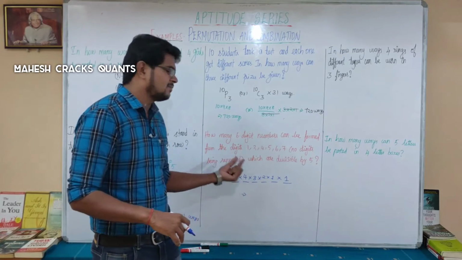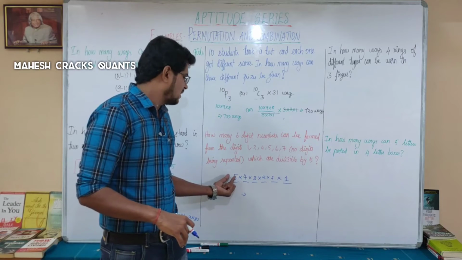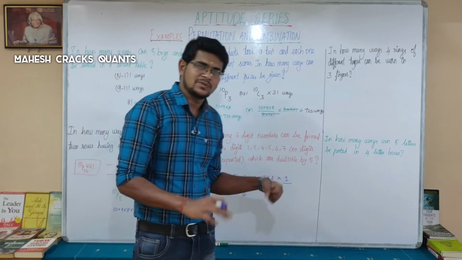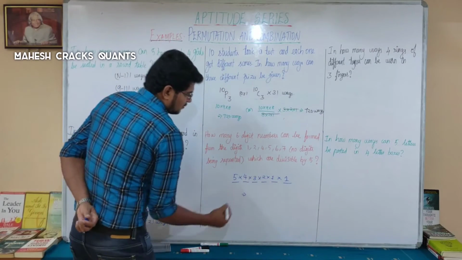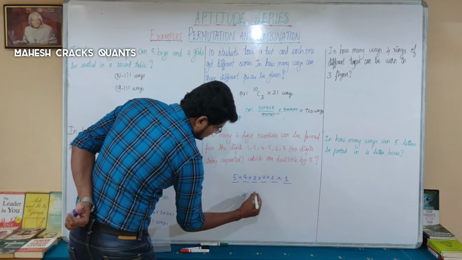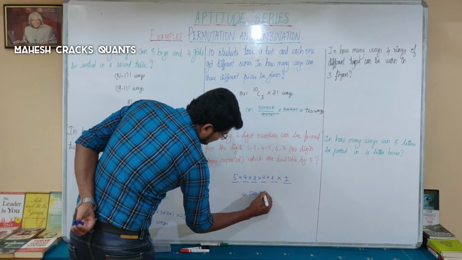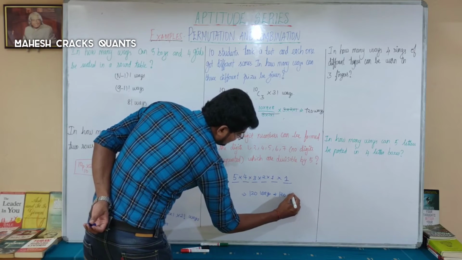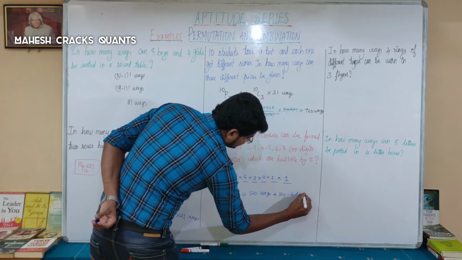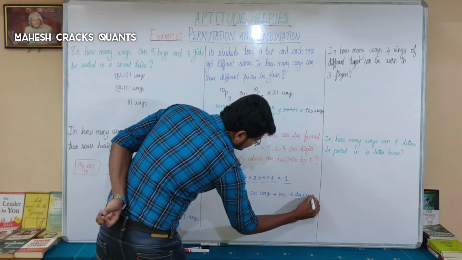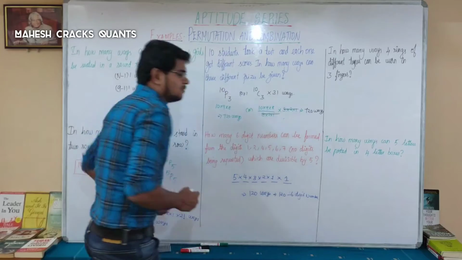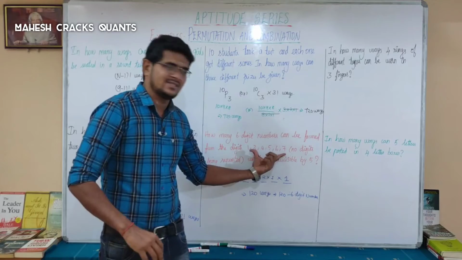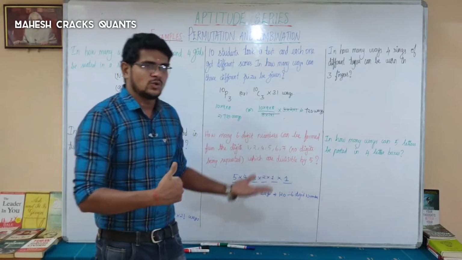Here, no digits being repeated, so you can place 5 digits and then the remaining 4 choices, because once a digit is placed, 4 choices remain. So 5 into 4 is 20, 20 into 3 is 60, 60 into 2 is 120. 120 ways, which is nothing but 120 6-digit numbers which are divisible by 5 using these digits alone. Okay, done. Let's move on to the next question.